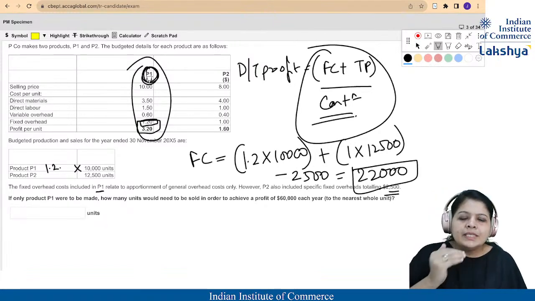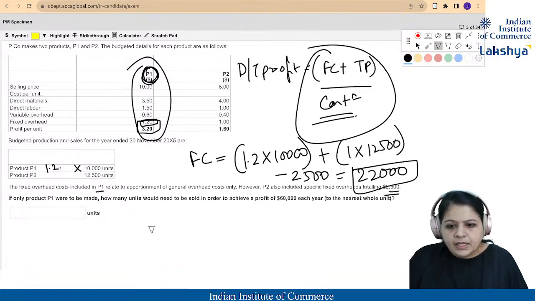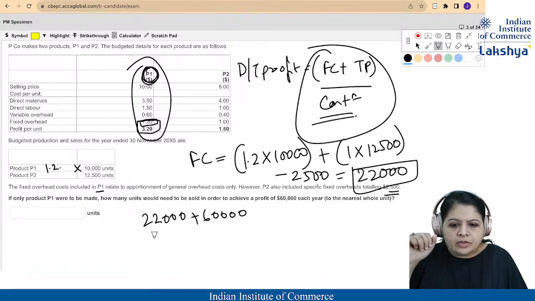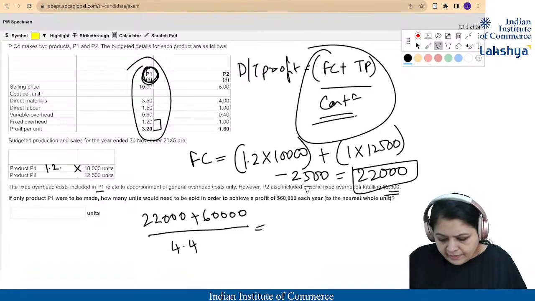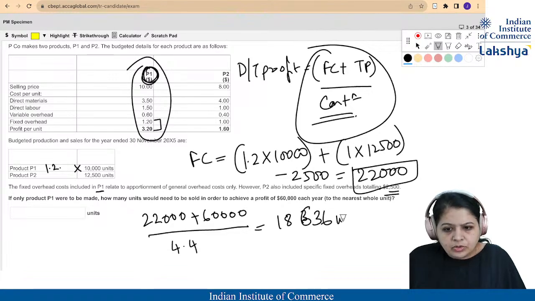The value is going to be exactly the same. So let me take 22,000 plus my target or desired profit divided by 4.4, which is 1.2 and 3.2. So this value comes to 18,636 units.